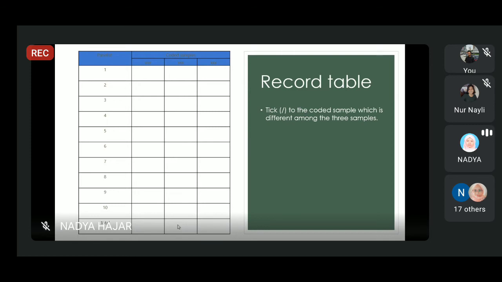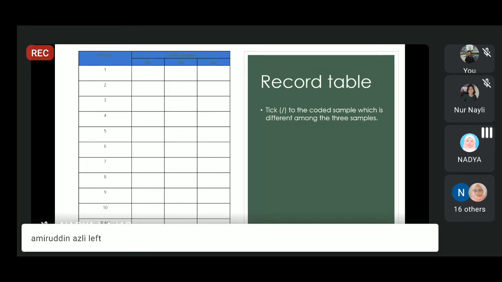Maksudnya kita memang nampak dia berbeza, tapi sebenarnya secara statistikal atau mathematical model, sama ada dia berbeza betul-betul ke tak? Walaupun kat sini 6, dekat sini 4, tapi orang boleh terima tak yang 4 ni? So kita nak kena tengok dalam table.